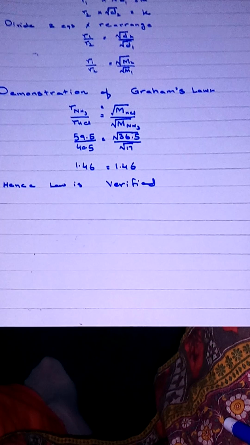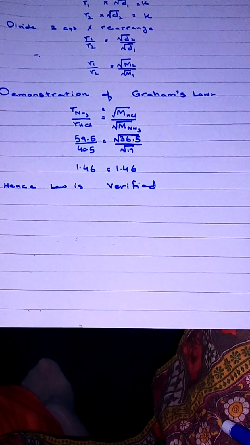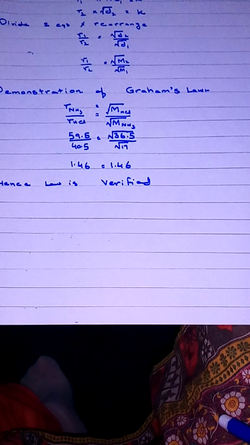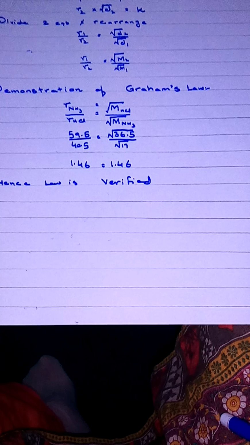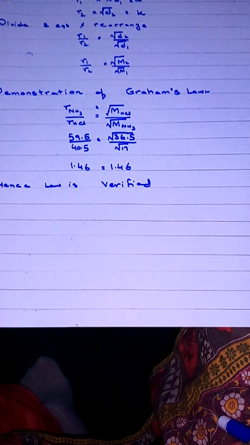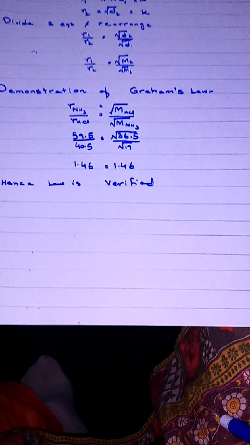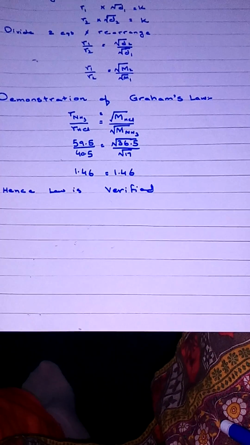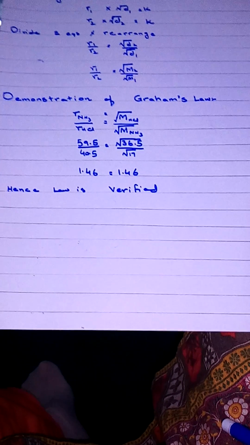Simultaneously, HCl molecules travel a distance of 40.5 cm, while ammonia molecules cover 59.5 cm in the same duration. They produce dense white fumes of ammonium chloride at the point of junction.